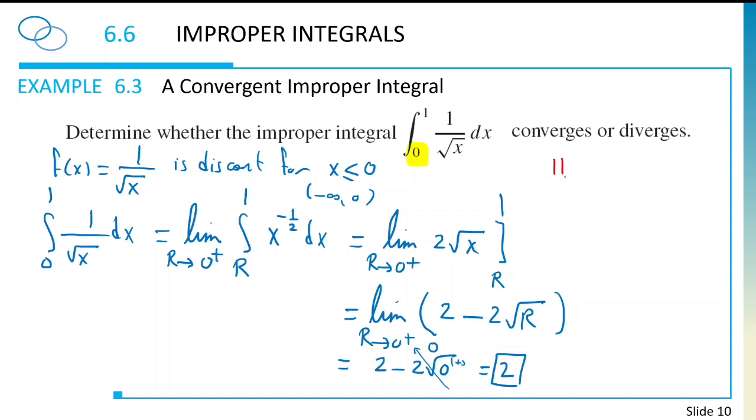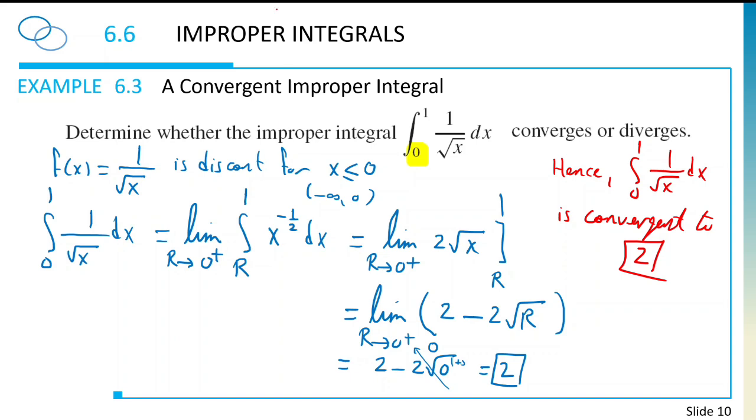So we say that hence the integration from 0 to 1 of 1 over radical x dx is convergent this time. Convergent to what? It converges to 2. Okay?